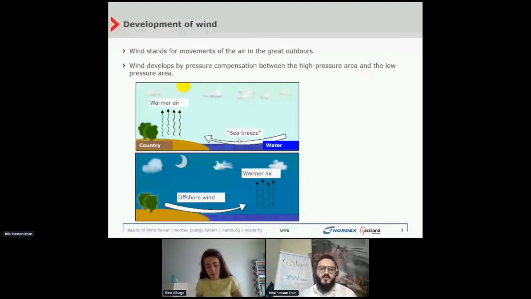In the sunshine, the land becomes hotter than the water, and the air molecules on the land side start to go up. They become lighter and travel upward. As you can see here, the warmer air is going upward, and the higher pressure air on the seaside starts to travel toward the countryside, and we call it the sea breeze. The wind is coming from the seaside. This happens oppositely at night, when the land becomes cooler than the water, and the wind starts to travel from the land side to the water side.